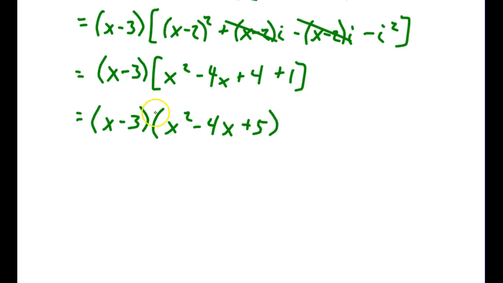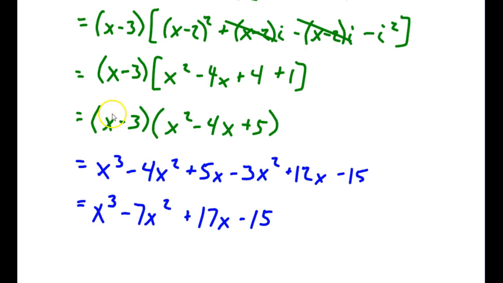And now we just have to go through and multiply all these terms out. So if I multiplied this x through to each term and then multiplied the negative 3 through to each term, I would get this polynomial, and then combine like terms, we end up with x cubed minus 7x squared plus 17x minus 15. You can go through and check and make sure I multiplied that out correctly and simplified correctly.